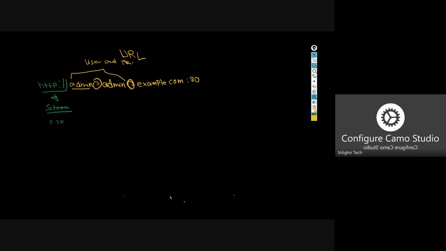After the website name, here we have the port number. If we are using HTTP, then in this case this is port number 80. You don't have to manually provide this, okay? And after this, here we specify the location we are going to. So in this case, dashboard.php. This is the location we are going to.